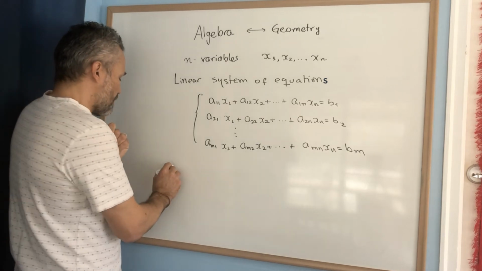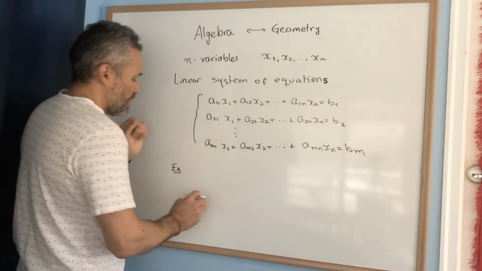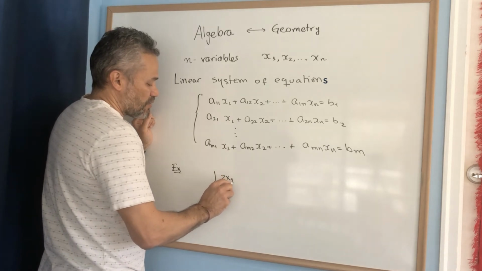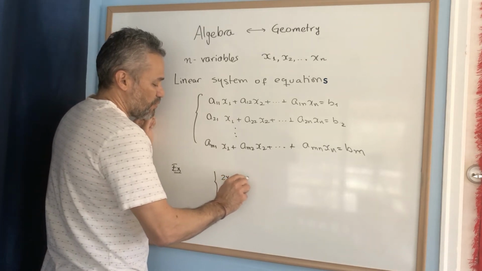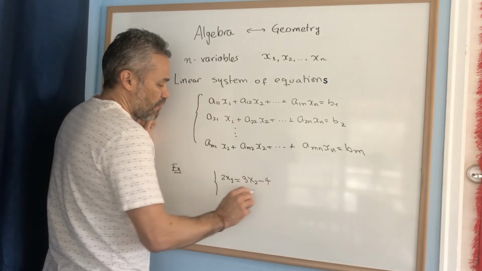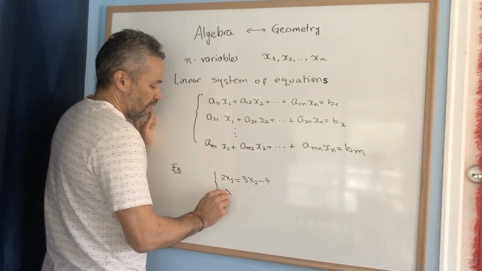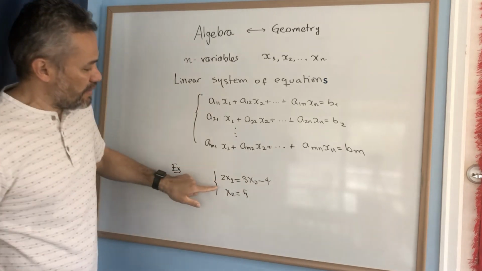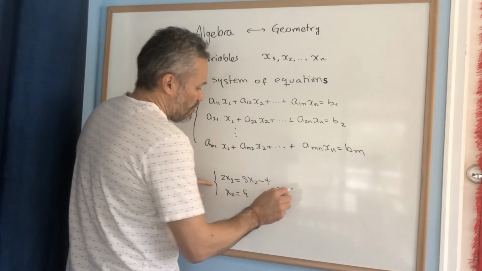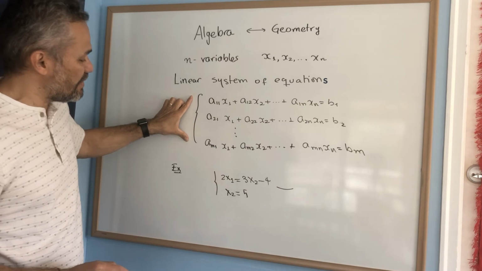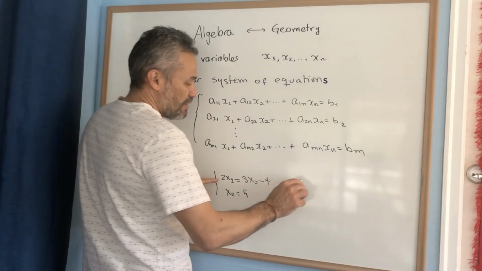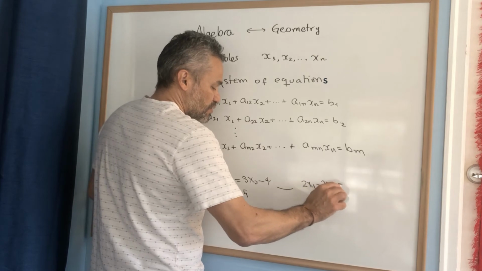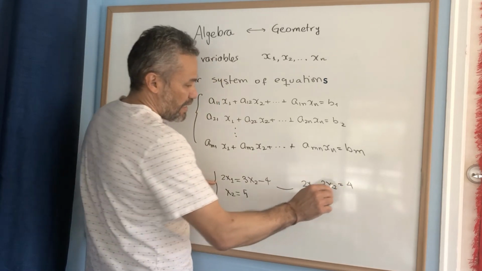Some examples. If we have 2x1 equal to 3x2 minus 4 and x2 equal 5, then in order to follow exactly the definition and see that this is linear, I should write it like 2x1 minus 3x2 equal negative 4.